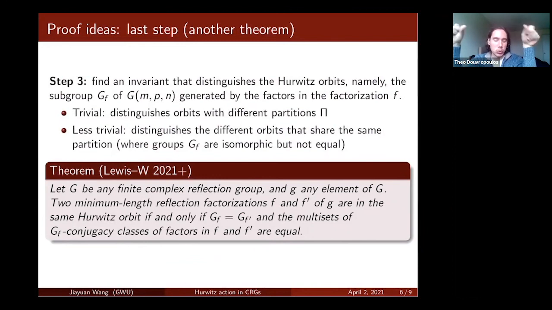Then it would be nice if you could give another geometric version for the number of multisets of conjugacy classes that can appear. Because then you would have a whole characterization that's intrinsic. You would say for every element in every reflection group, the number of Hurwitz orbits is equal to the number of minimal reflection subgroups that contain it, and then something with the multiset of conjugacy classes that can appear. Is that something you could do?